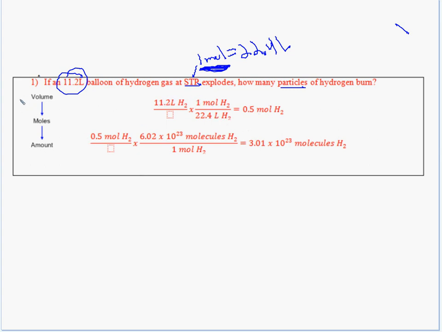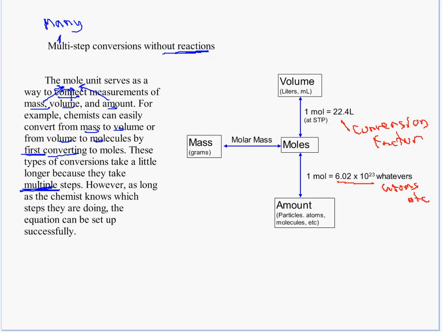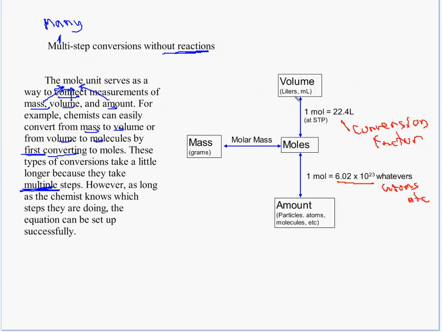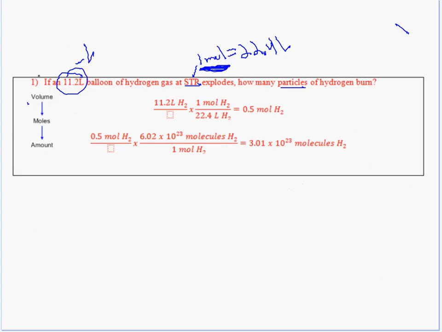We're starting with volume. We're going to go to moles, and then to amount, which is particles. So we're going volume, moles, amount.